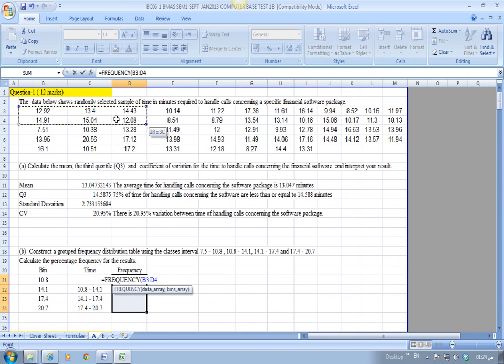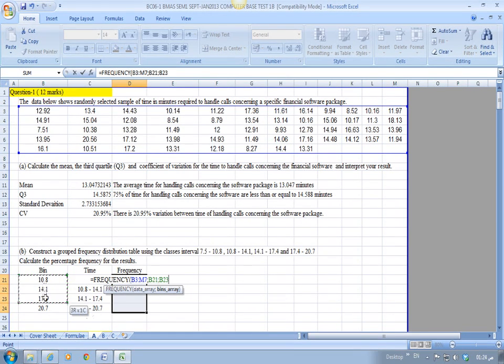So here we highlight the data, then, according to my computer, I'm using a semicolon, then after that the bin, also highlight all the bins from 10.8 to 20.7, and then on the keyboard hold down Control and Shift with one hand and press Enter with the other hand.